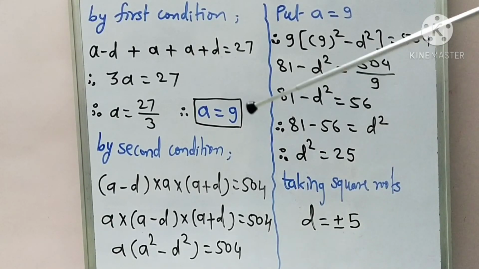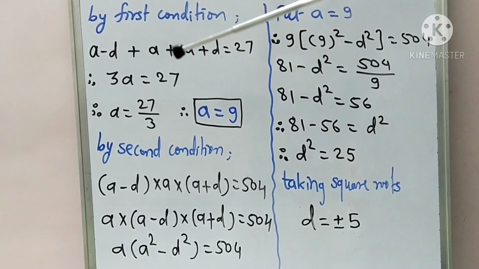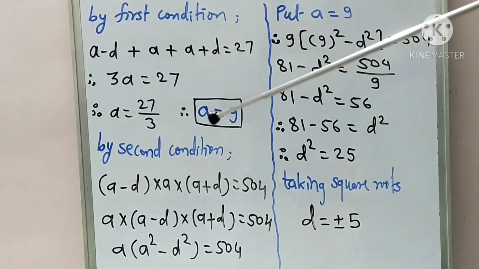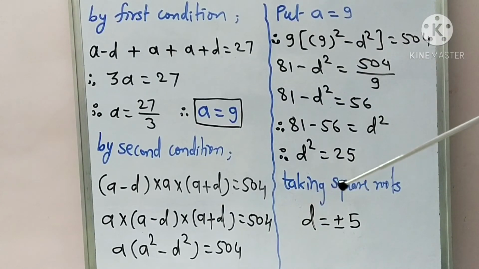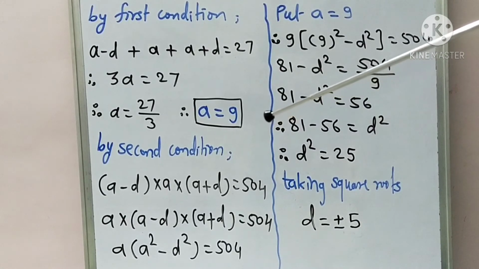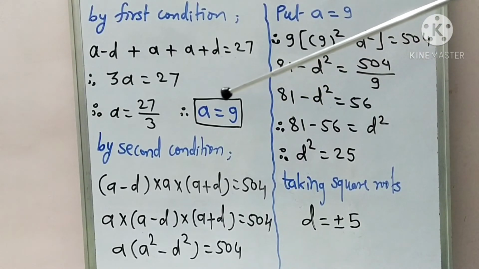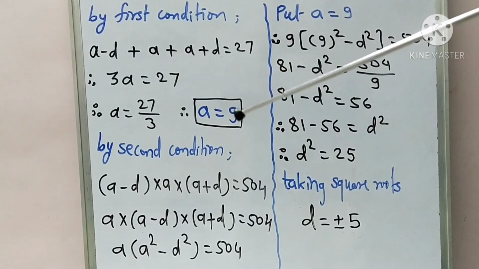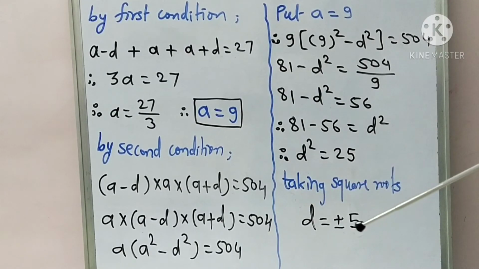This means we get the three consecutive numbers in two possibilities. One possibility is taking a as 9 and d as 5, and the reverse of it is the second possibility, taking a as 9 and d as minus 5.